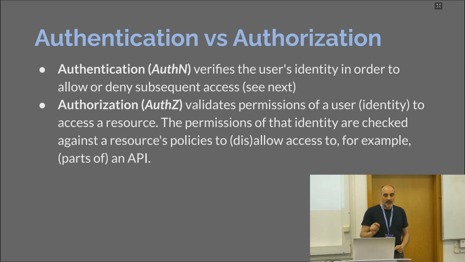Another important aspect, going deeper on the topic of protecting an API endpoint, is the distinction between the two different moments of an access control. We have two different aspects. One is the authentication, and another one is the authorization. I'll give you an example. If you are going to a concert, you will buy a ticket. The ticket is your token to enter the stadium.